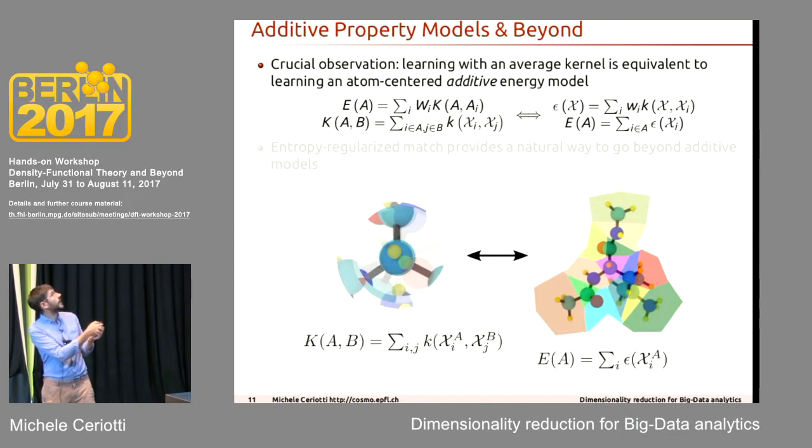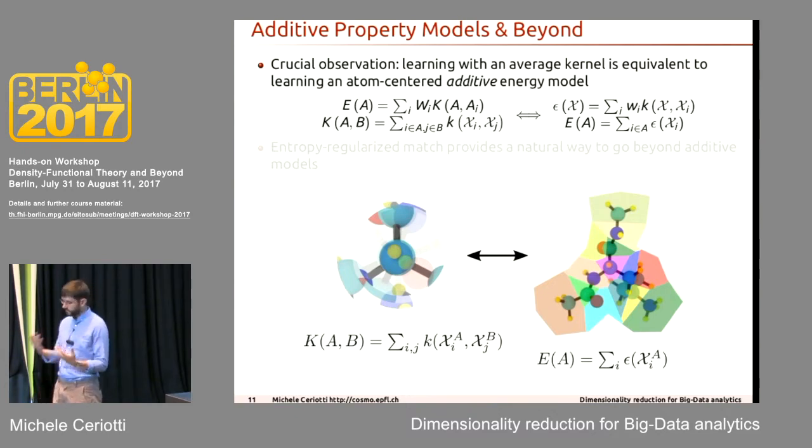If I write the energy or a certain property of a molecule A as a weighted sum of kernels between my structure and a number of reference structures, and I build this kernel as just a plain unweighted average of all the possible kernels, you can show that this is equivalent to assuming that your energy function can be broken down in atom-centered energies.